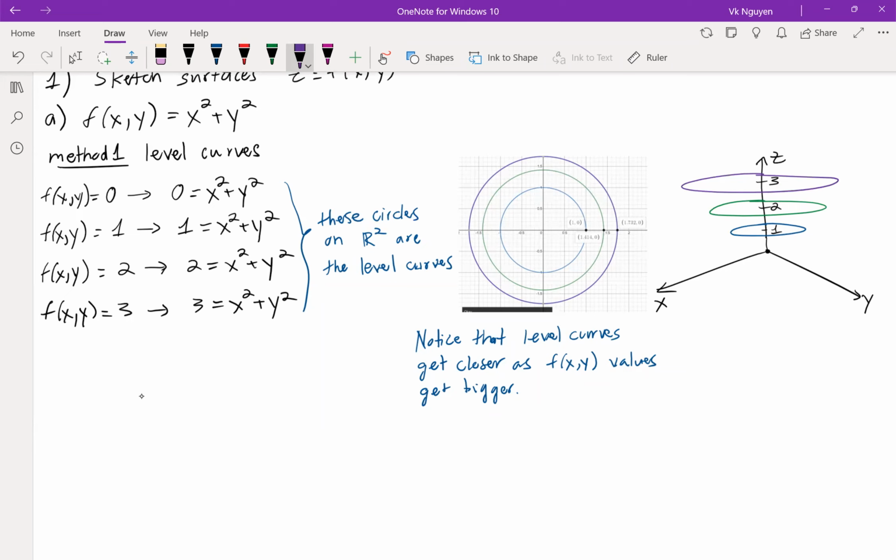So if you stack up the circles, what you have is this shape right here. We call this the surface of a paraboloid.